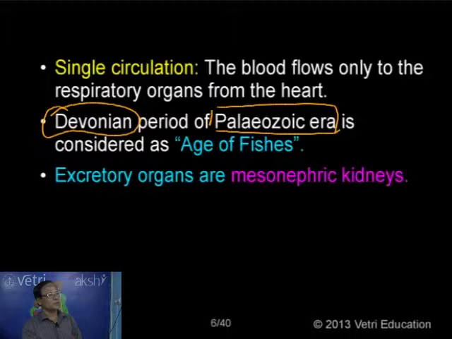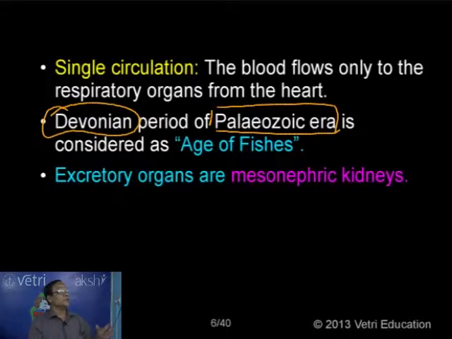During the Permian period most of the fishes disappeared, not all. So we have the present modern fishes, but some of the fishes which lived in the past became extinct, and only a few are surviving till today, which are considered living fossils.